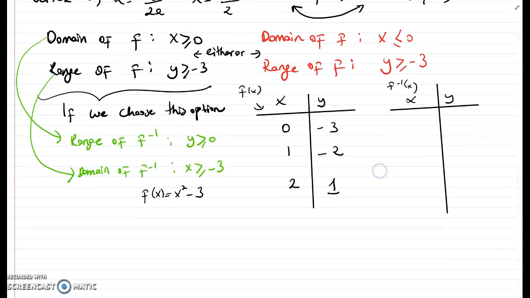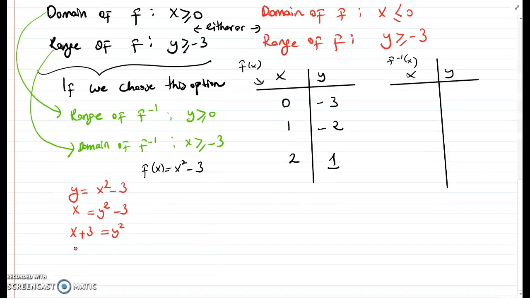Then at this point we do not have a function rule for f inverse of x. Let's try to obtain that. So y equals x squared minus 3, switch x and y, and solve for y. So square root of x plus 3 will be equal to y.